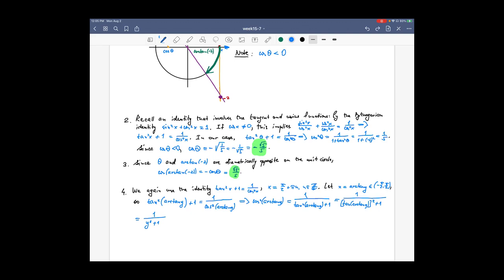So we have obtained the fact that cosine squared of arctangent y equals 1 over y squared plus 1.